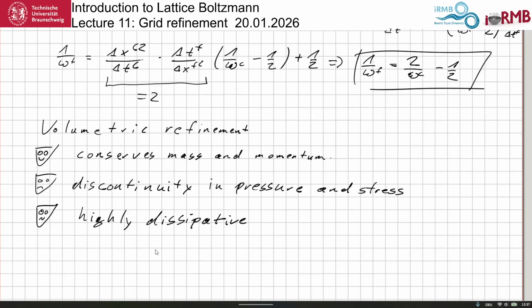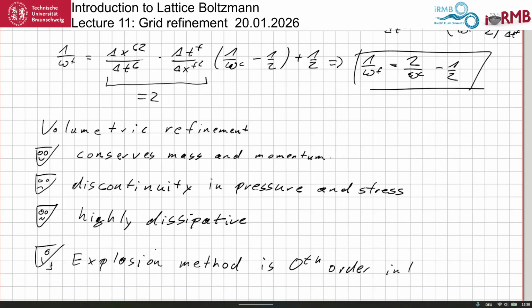So the problem is, in academia this was never very popular. What you do with your explosion method is actually a zero-order, next-neighbor interpolation.